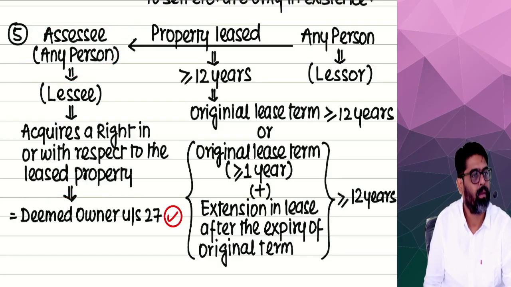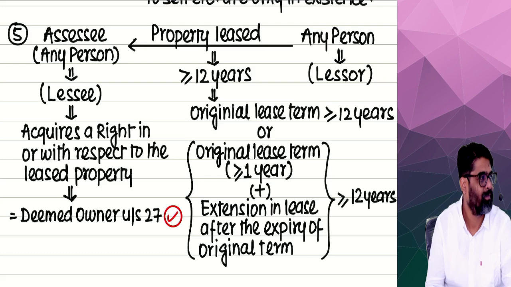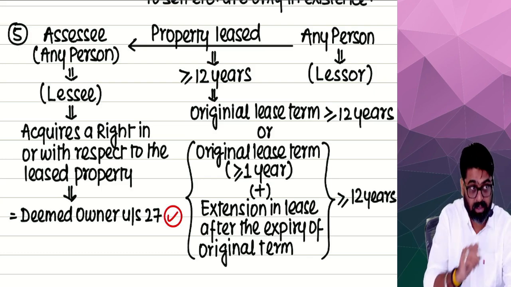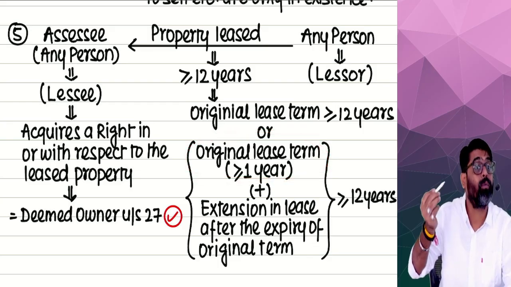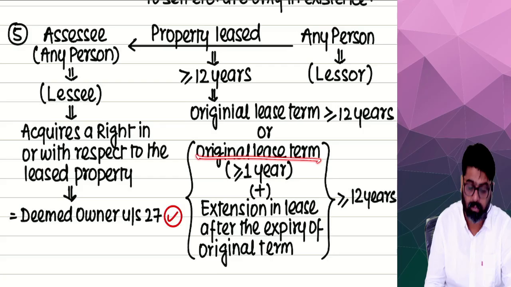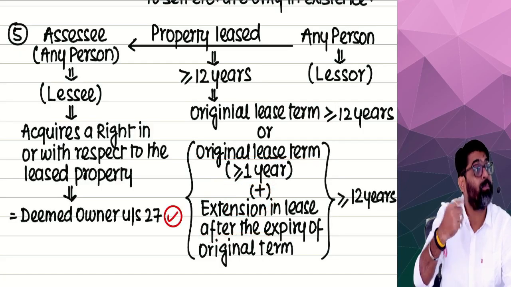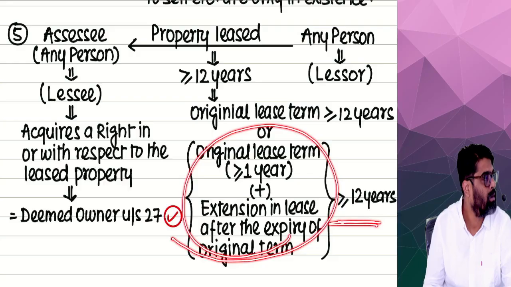Getting my point? But remember, the original lease term has to be 1 year or more. If it is less than 12 years, make sure the original lease term is 1 year or more, plus the extension in lease term after that period expires, and the entire period should be 12 years or more.